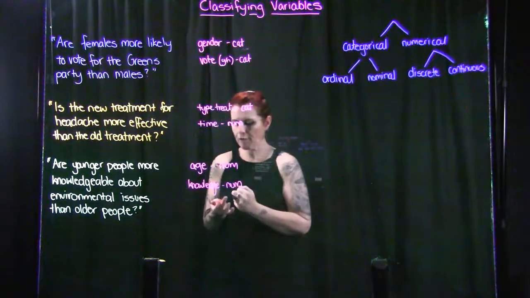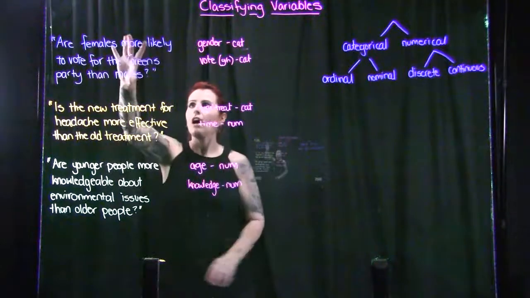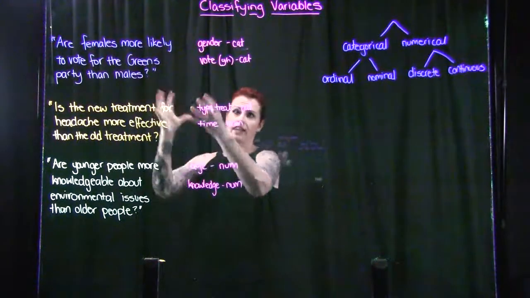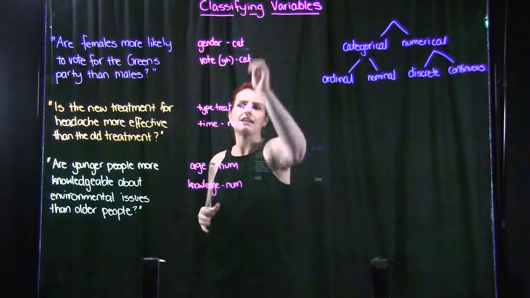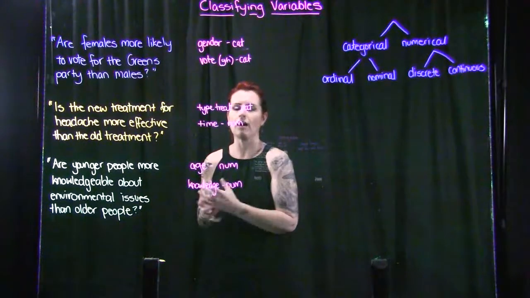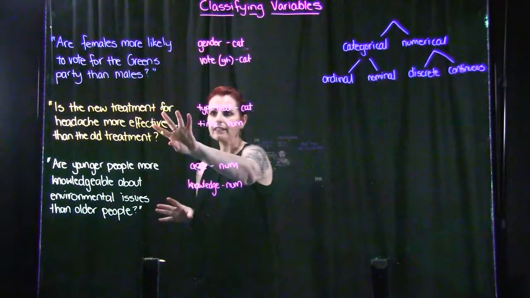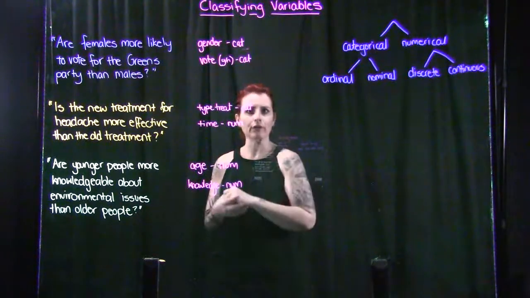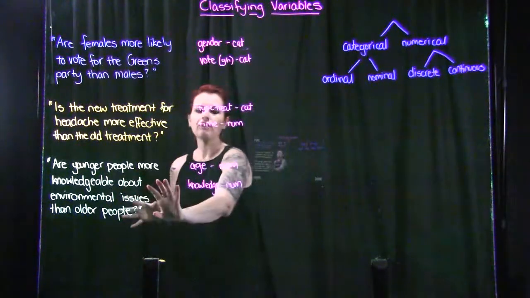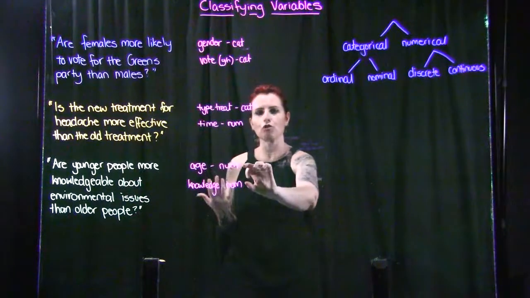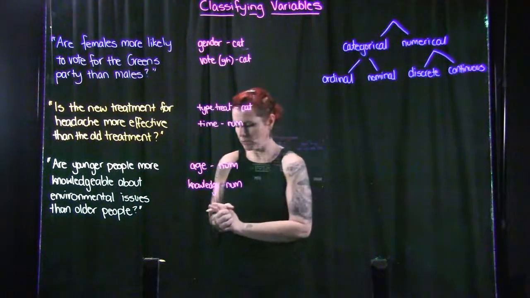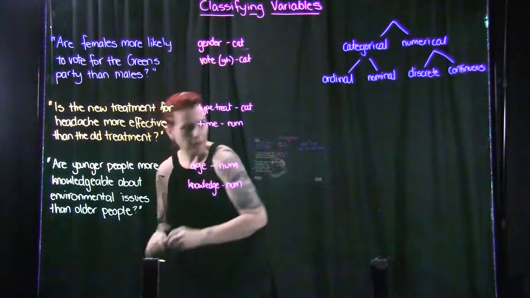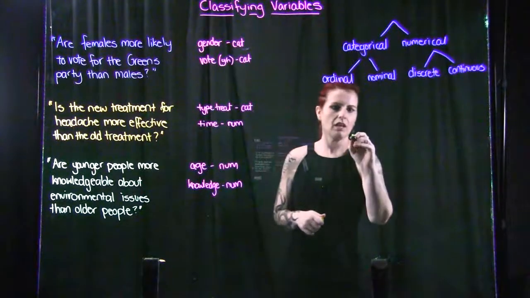So we can see that our first investigation is looking at two categorical variables. Our second investigation is looking at a categorical and a numerical variable, and our third investigation is looking at two numerical variables.